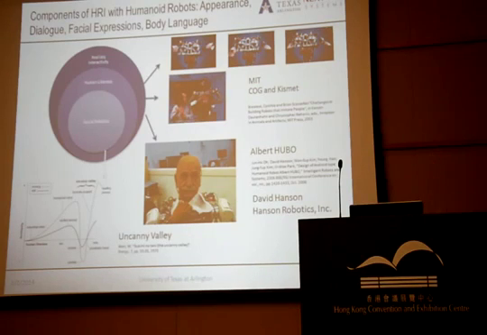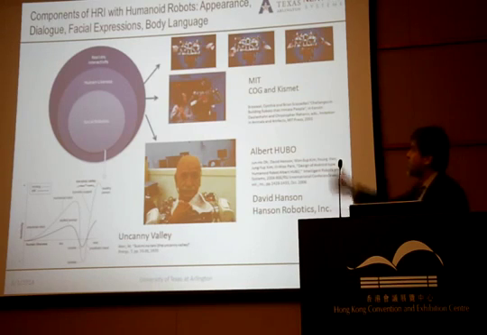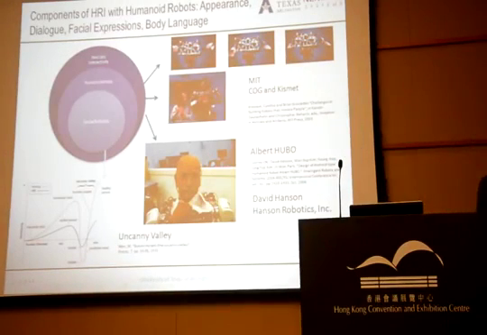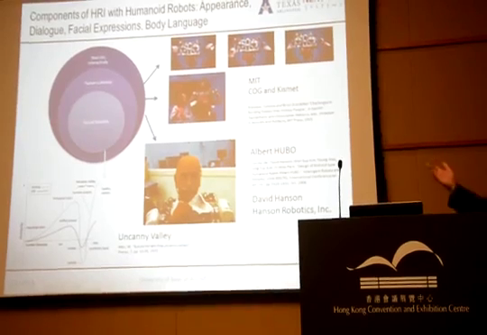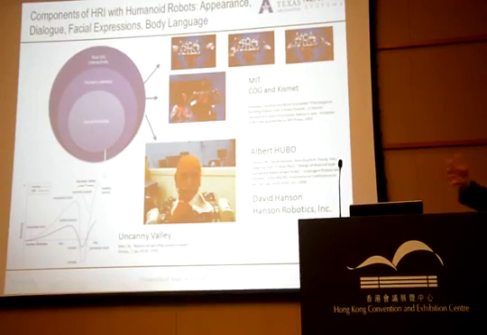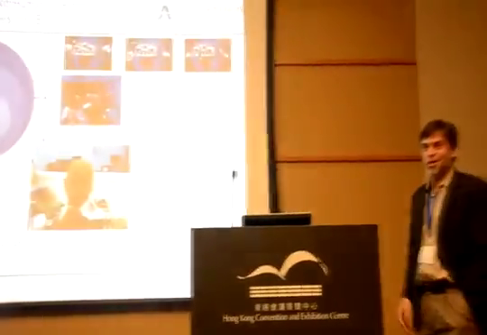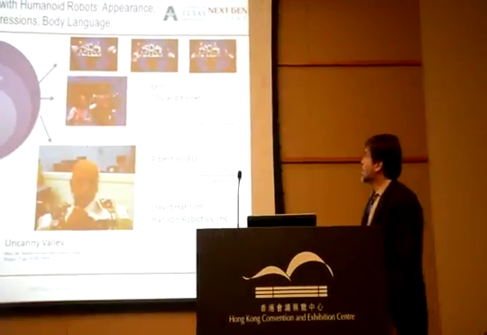So you have to tune the appearance to be likable to begin with. Then there is dialogue in the sense of speech. We talk and then we expect a response. If that is not tuned and realistic, then we are in the valley. If the robot starts with a shrieking voice that is not tuned to the appearance, then there's a problem.